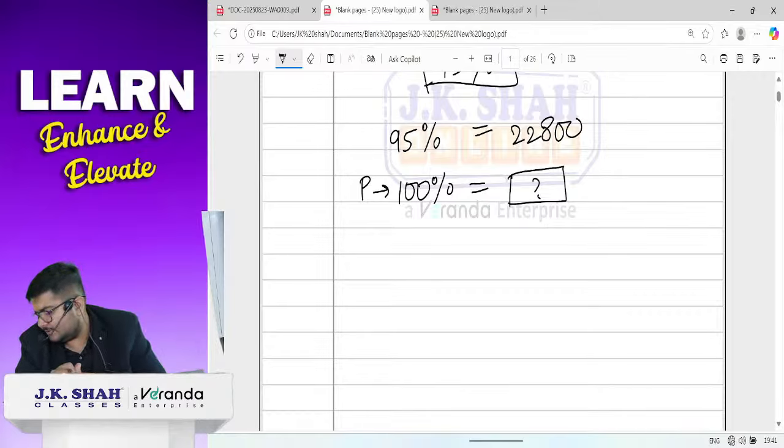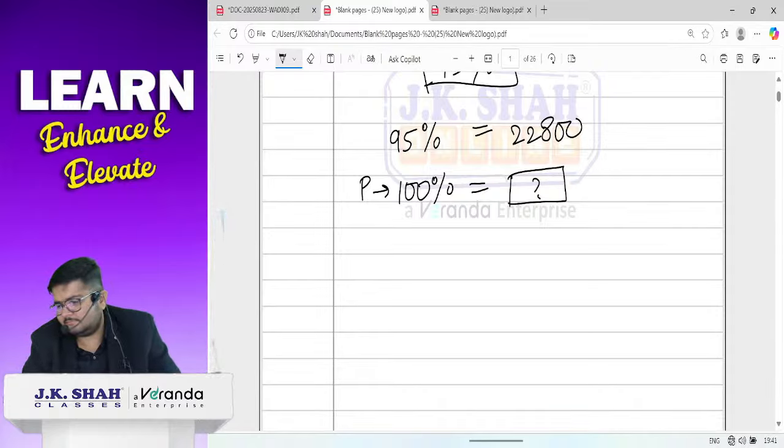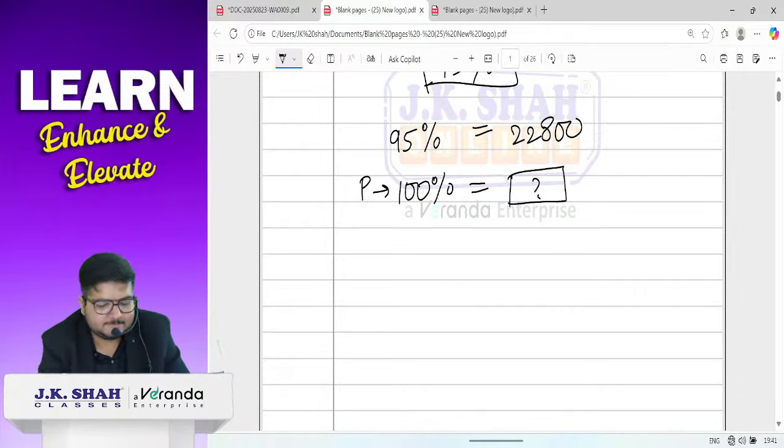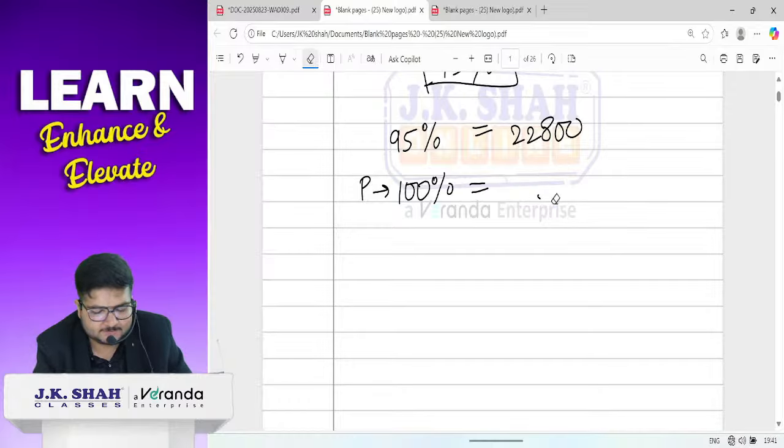Yes, Khushi, this sum can be asked. In fact, this was asked in one of the exams, if I am not wrong. So now 95% value is 22,800. We have to find 100%. How can we solve this? So sir, you told us the trick of 100% that we can use.